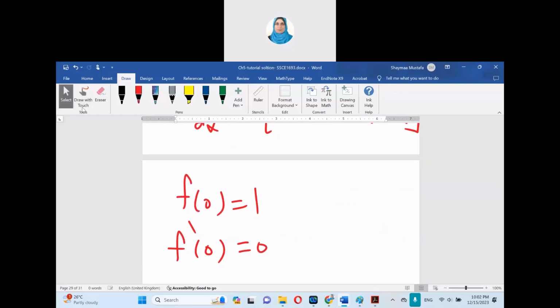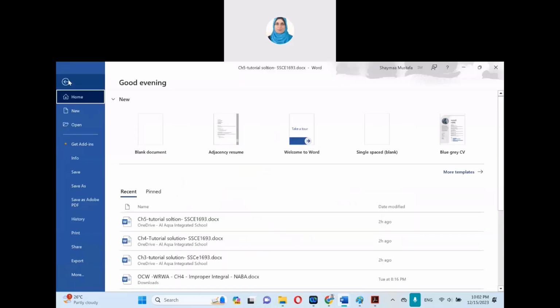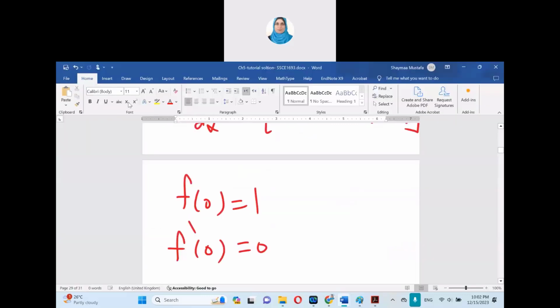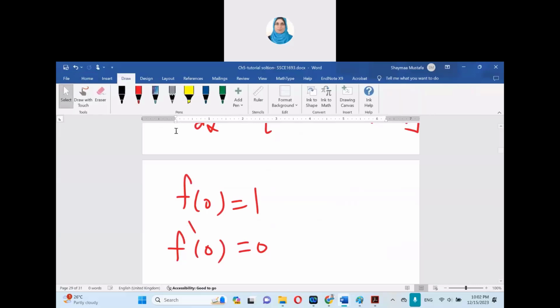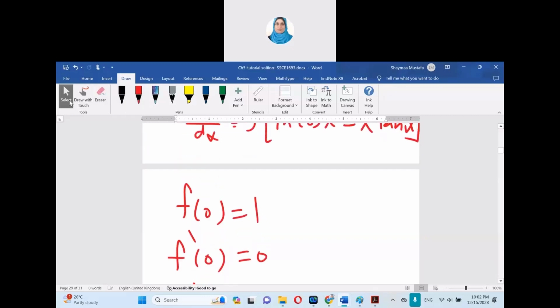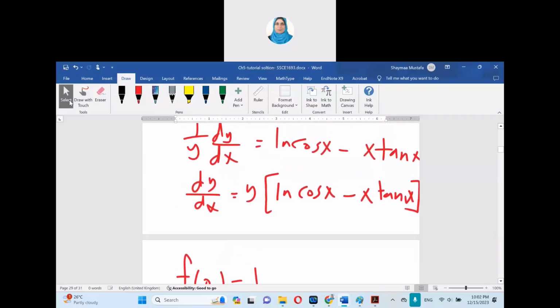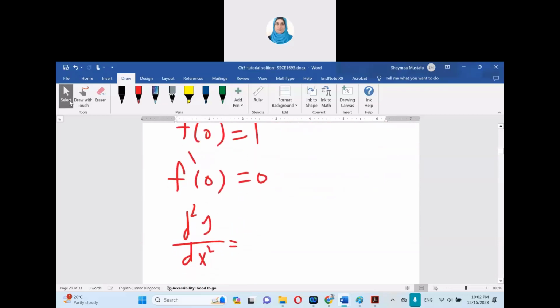Now using this first derivative, you need to find the second derivative. Because this is dy dx, you need to find d squared y over dx squared, which is equal to, here y is multiplied by this function. You have multiplication of two functions.